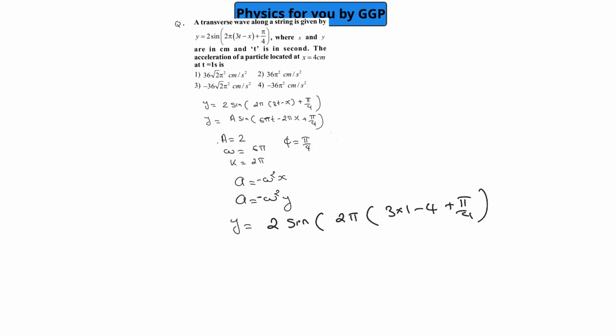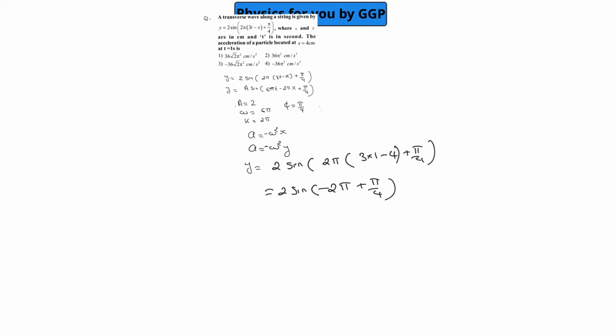This is 2 into sine of 2 pi into minus 1, that is minus 2 pi plus pi divided by 4. So this is going to be 2 into sine of minus 7 pi divided by 4, which is equal to minus 2 into sine 7 pi by 4, because sine of minus theta is minus sine theta.